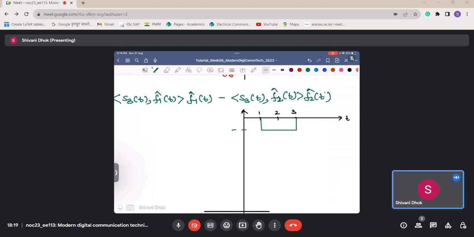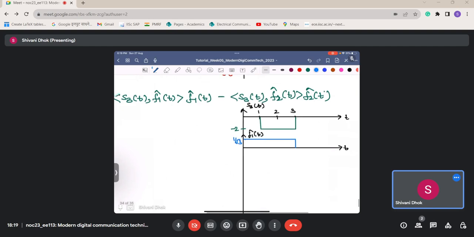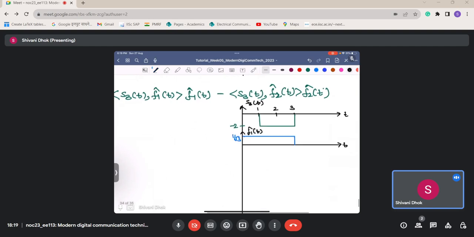This is minus 2, and this is s3t. And let's draw here f1 hat of t. This f1 hat of t is simply like this. So this is 1 by root 3 for all the values, that is 1, 2 and 3.